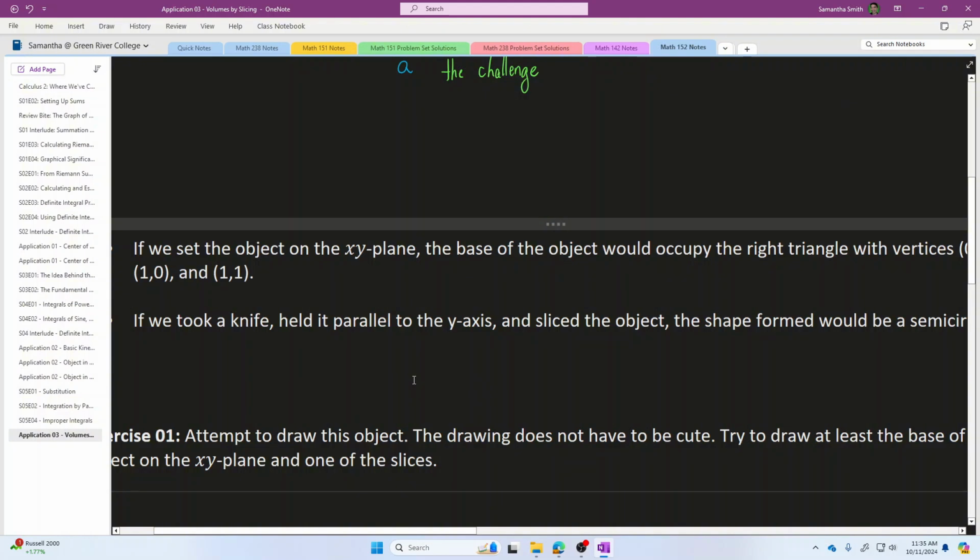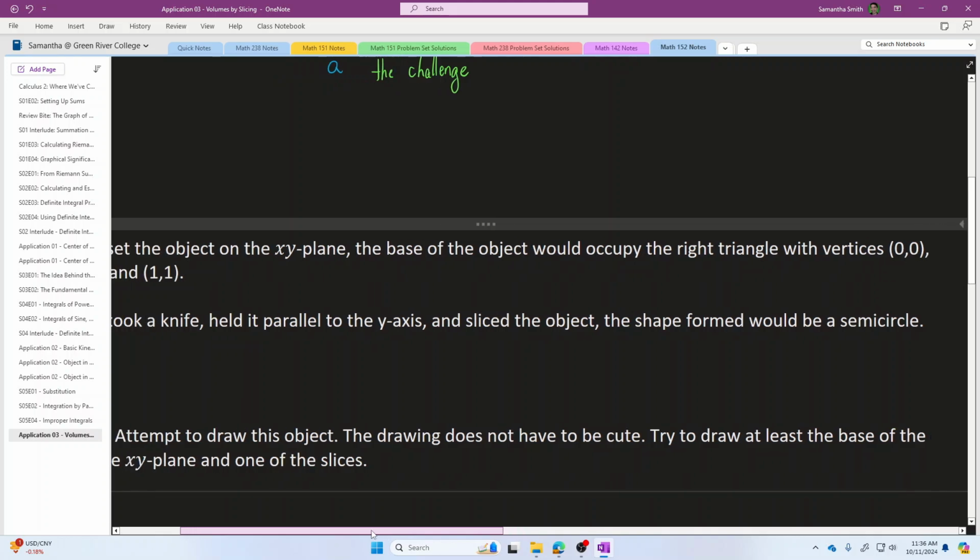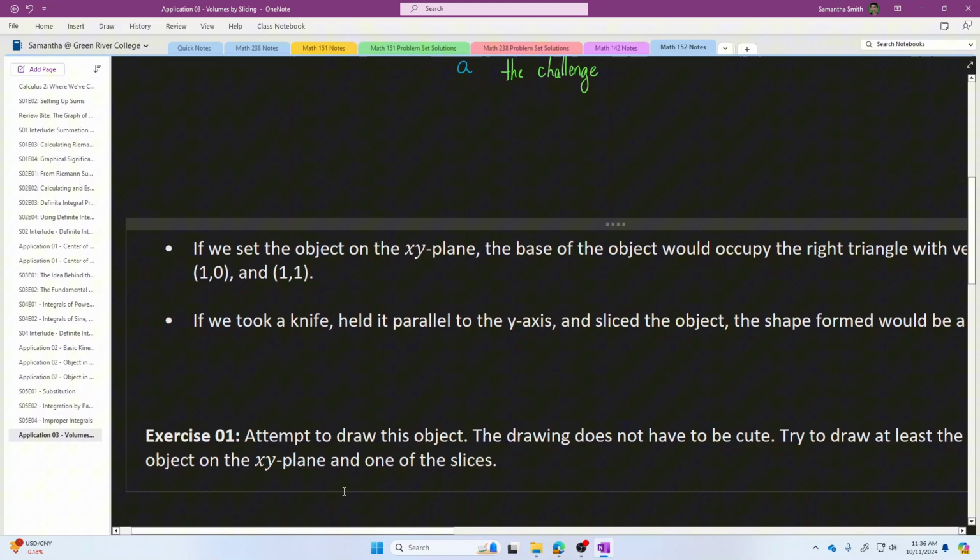The second hint about the shape of this object is that if we took a knife and we held that knife parallel to the y-axis, and we sliced the object, then the shape of the slice that we make would be a semicircle. Now, let's see if we can find the volume of the object being described in this riddle.